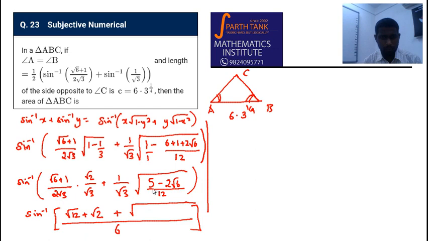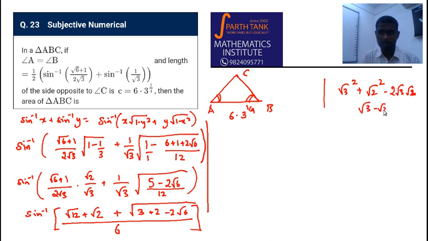To solve this, all you have to do is write this as 3 plus 2 minus 2 root 6. What is the advantage? You see, 3 is nothing but root 3 square, 2 is nothing but root 2 square, and that 2 root 6 is nothing but 2 root 3 into root 2. So this is nothing but root 3 minus root 2 the whole square.